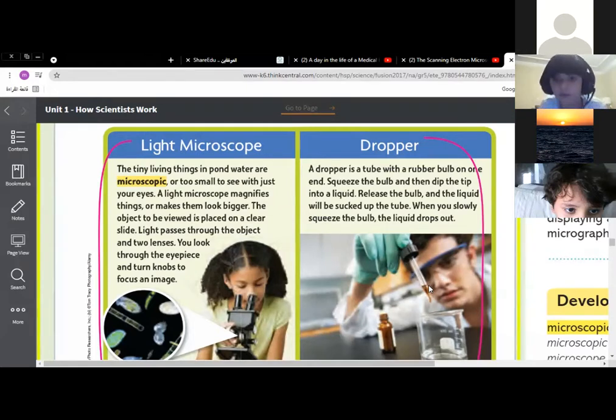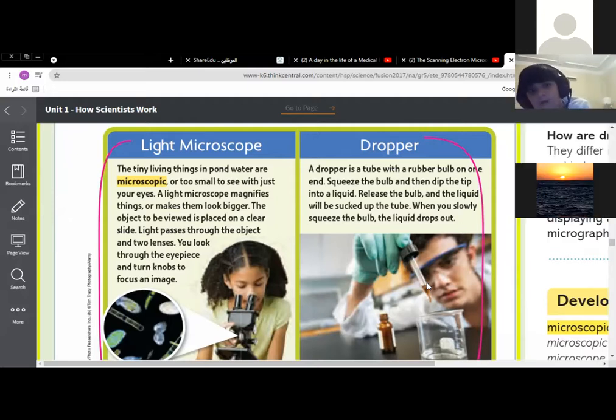So the scientist is squeezing it from the top, the bulb, and then dips the tip into a liquid inside this cylinder, this tube. Then release the bulb, and the liquid will be sucked up the tube. Okay? This is dropper.